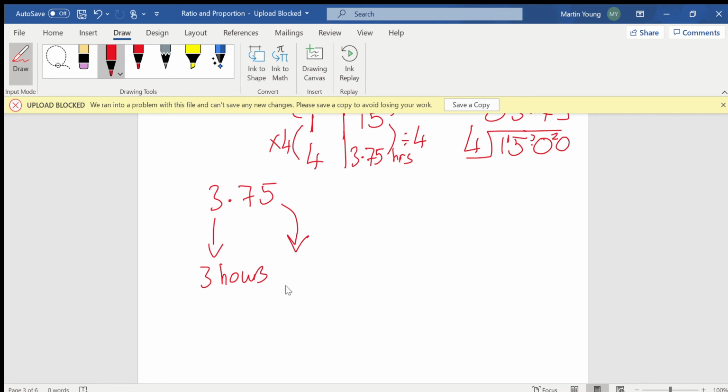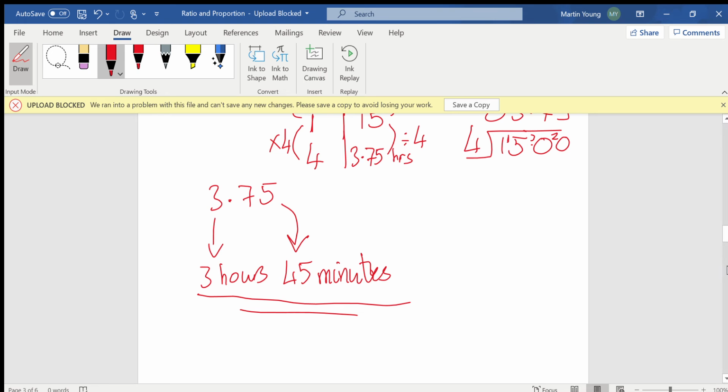What's 3/4 of an hour? That is 45 minutes. What you could also try and do is 0.75 times 60, because it's a fraction of 60 minutes. But what I would suggest is that that's one that you remember. You remember 0.25 is 1/4 of an hour, 0.5 is half an hour, and 0.75 is 3/4 of an hour. So that is our answer there.